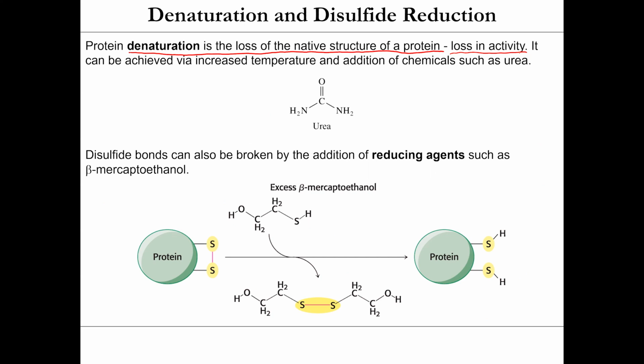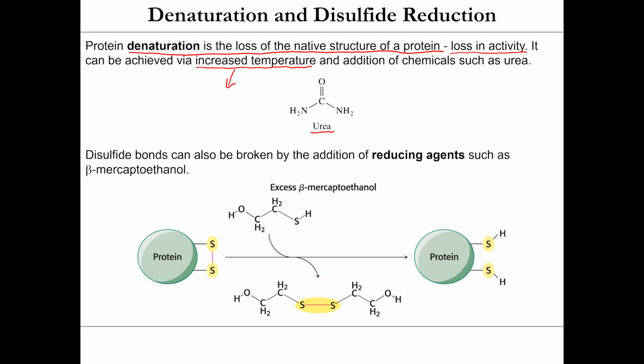This can be achieved by increasing temperatures or the addition of chemicals such as urea, which is shown here, which is a common chemical that's used in the laboratory to denature proteins, to cause them to not be folded properly anymore. And then the increased temperature, you do that all the time.